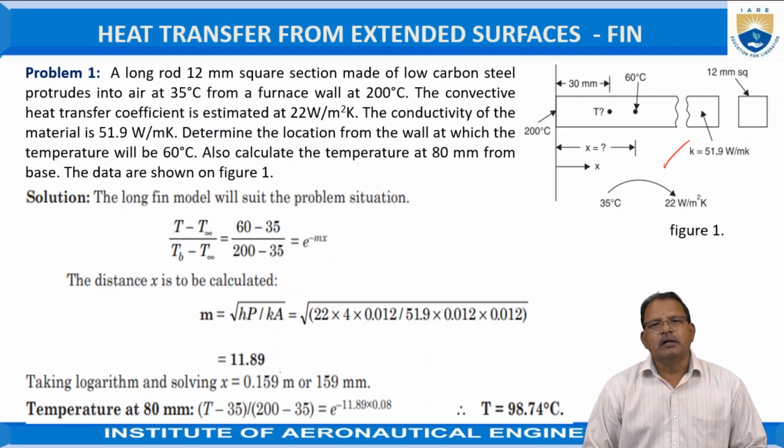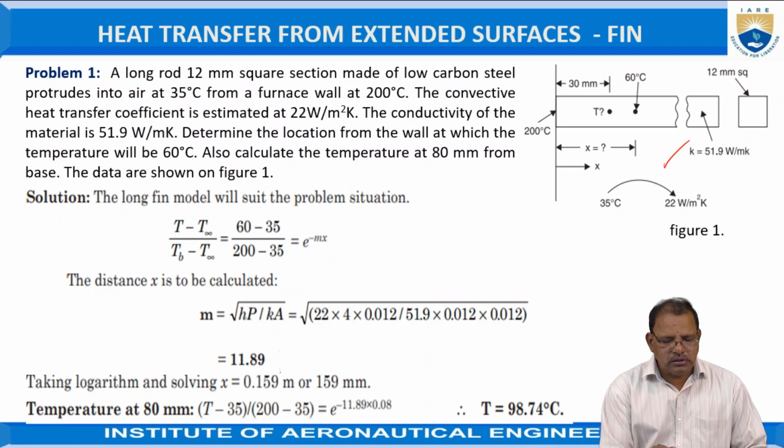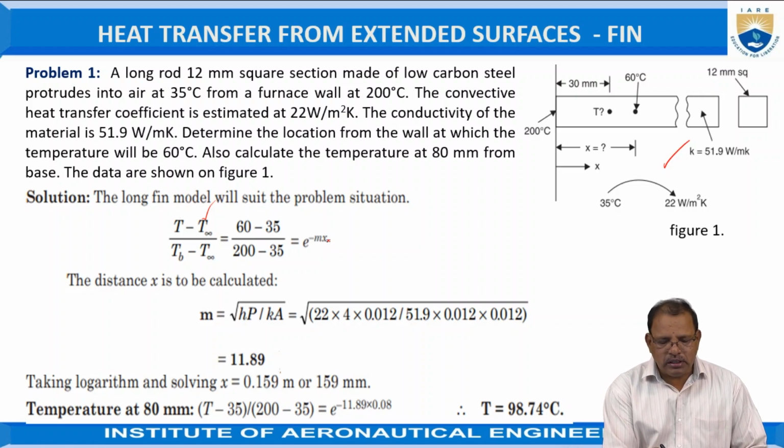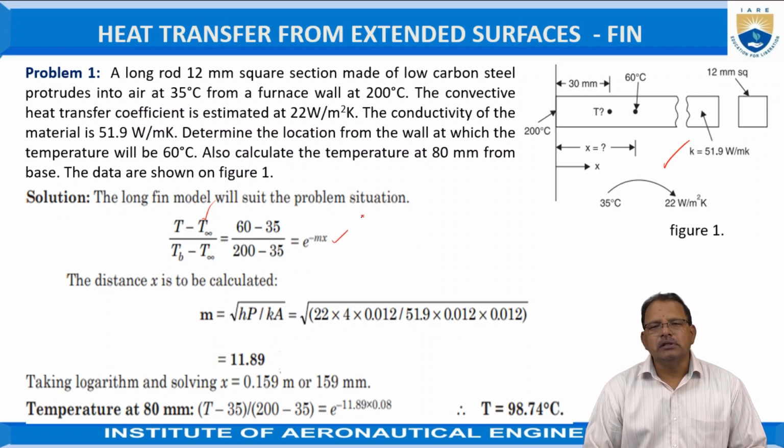For the long fin model, the equation can be written as (T minus T alpha) divided by (TB minus T alpha). This equation is represented as e to the power of minus mx, and it was already derived in a previous video.